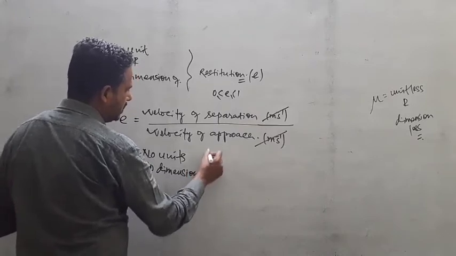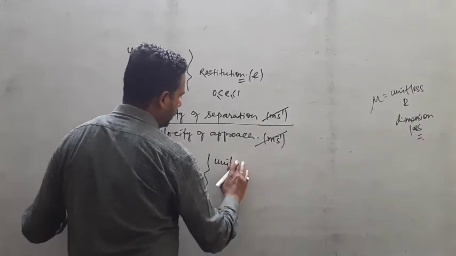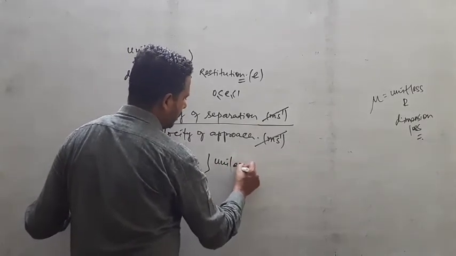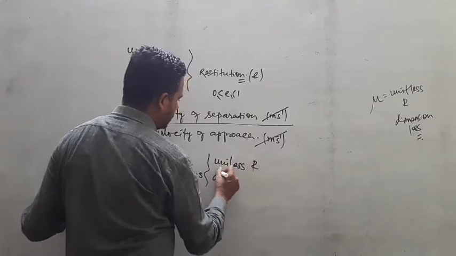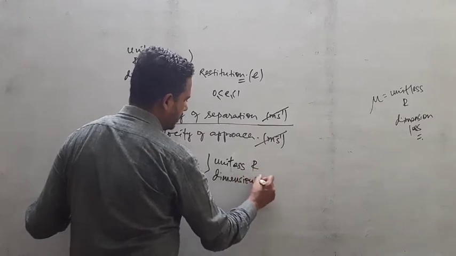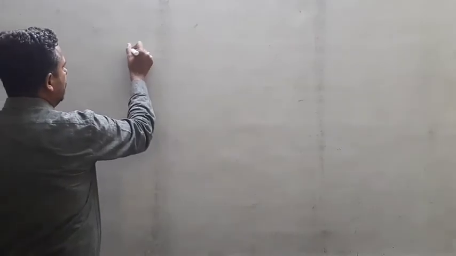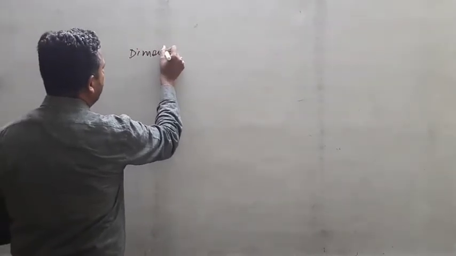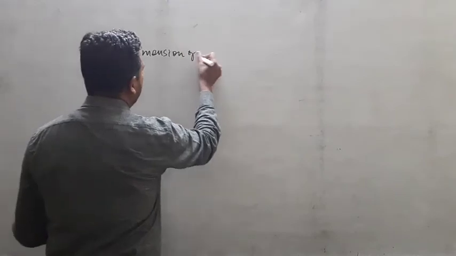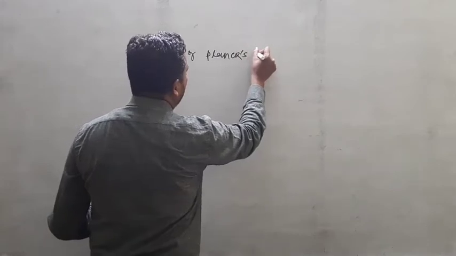That means it is a unitless and dimensionless quantity. Now, then the dimension of Planck's constant.